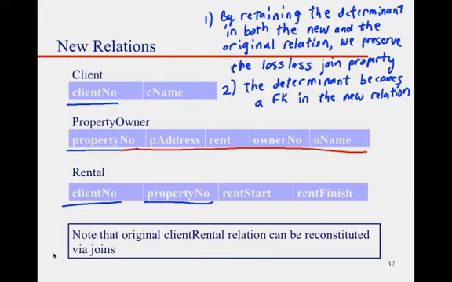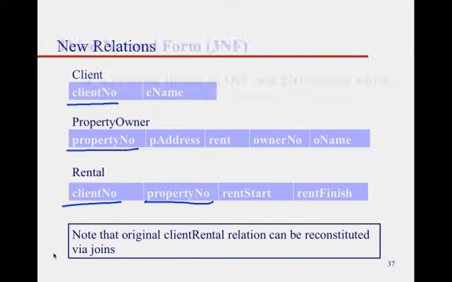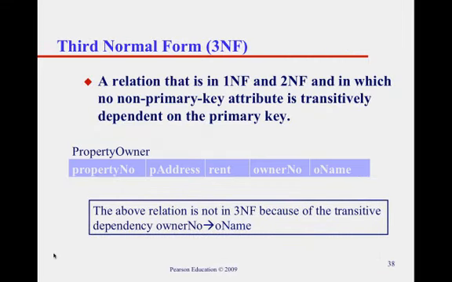So the problem is there's a transitive dependency lurking here. Okay, the owner number uniquely determines the owner name. So we have a transitive dependency, and third normal form gets rid of transitive dependencies.